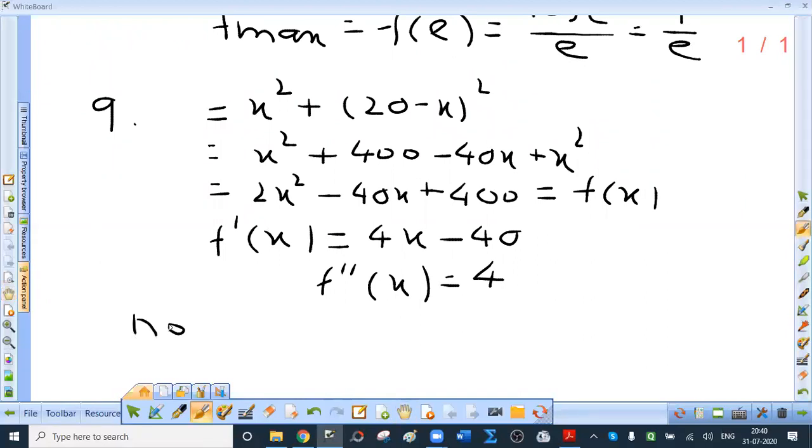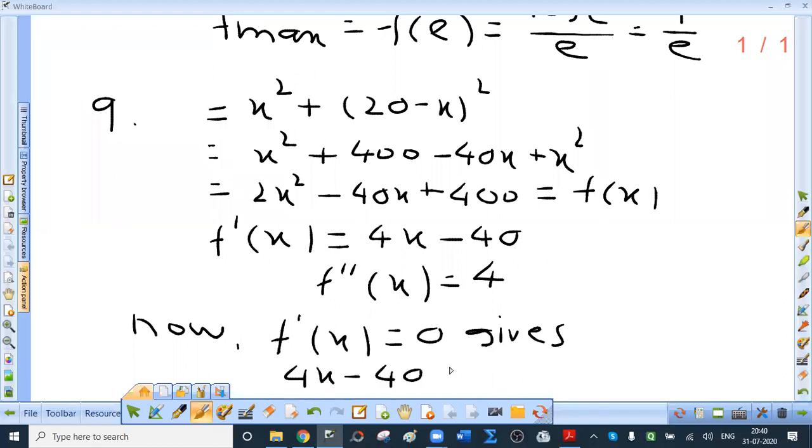Now, f dash of x equal to 0 gives 4x minus 40 equal to 0, that is x equal to 10.